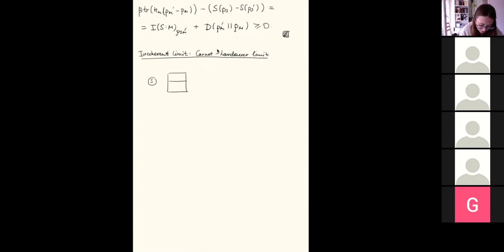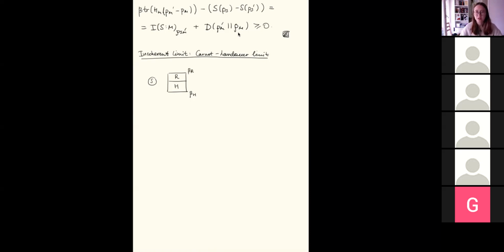The hotter part we call H, and it is connected to a hot bath at the temperature beta H. And the colder part we call R, and it's connected to a colder bath with the temperature beta R.